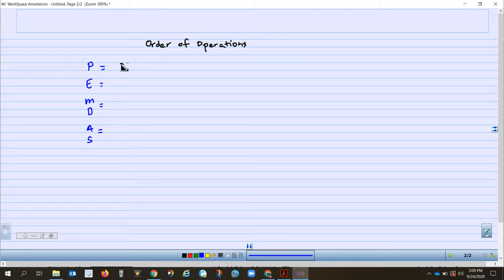The P tells us to do what is inside the parentheses first. By the way, if there's more than one, it's an E on the end. If there's only one, it's an I, but they usually come in pairs. Do what's inside the parentheses first.